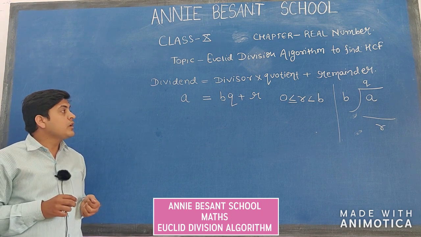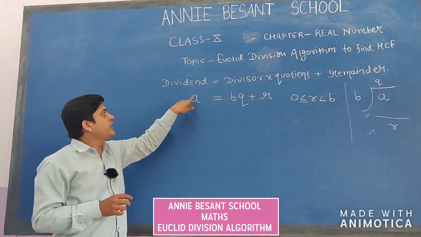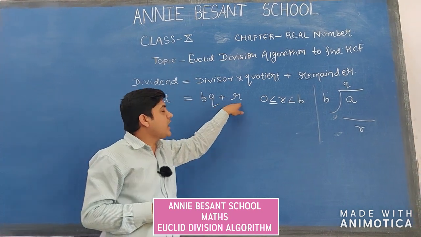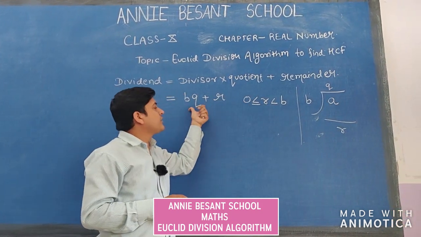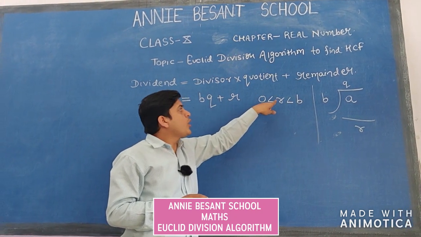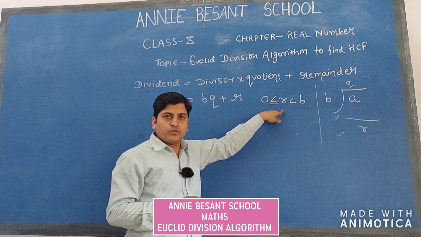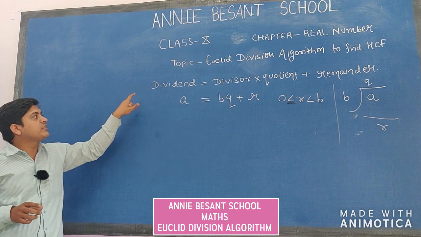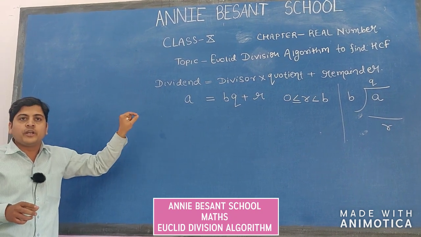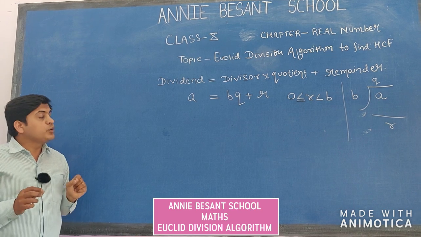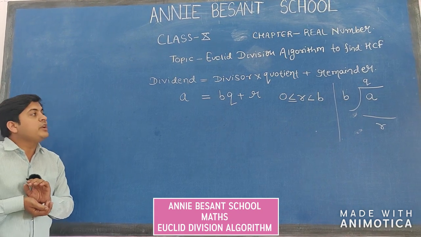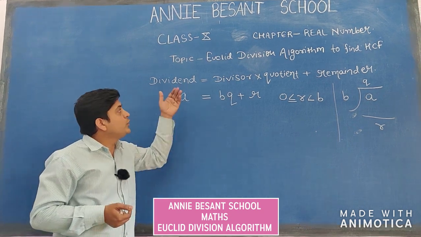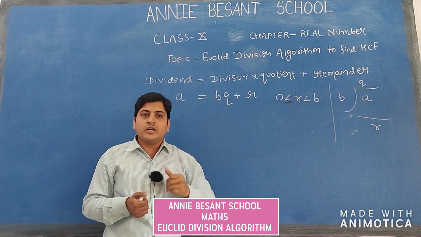So if you take dividend equal to A, divisor equal to B, quotient is Q and the remainder is R, the remainder satisfies the condition that R is equal to 0 or less than B. When it satisfies this condition, this concept is called Euclid division lemma, and with the help of it we can find out the HCF. The step by step procedure is known as Euclid division algorithm to find the HCF.